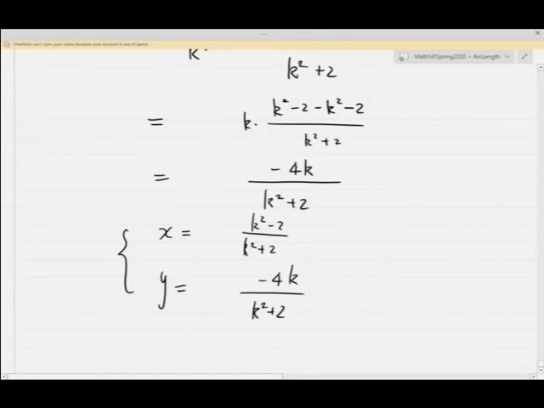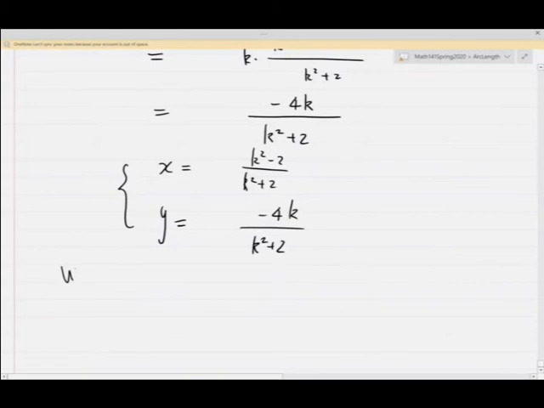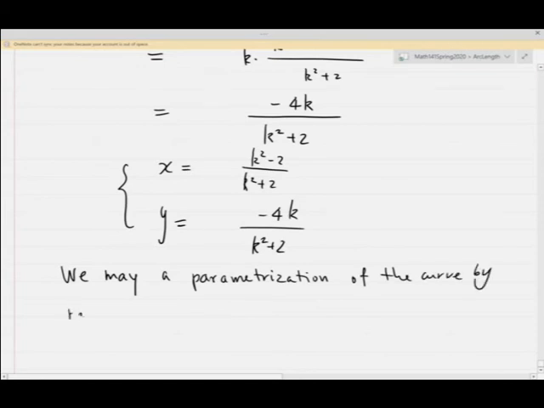Okay. Now you see here the x, y can be written as a rational function of k. So we find a parametric equation, a parametrization of the curve by rational functions.